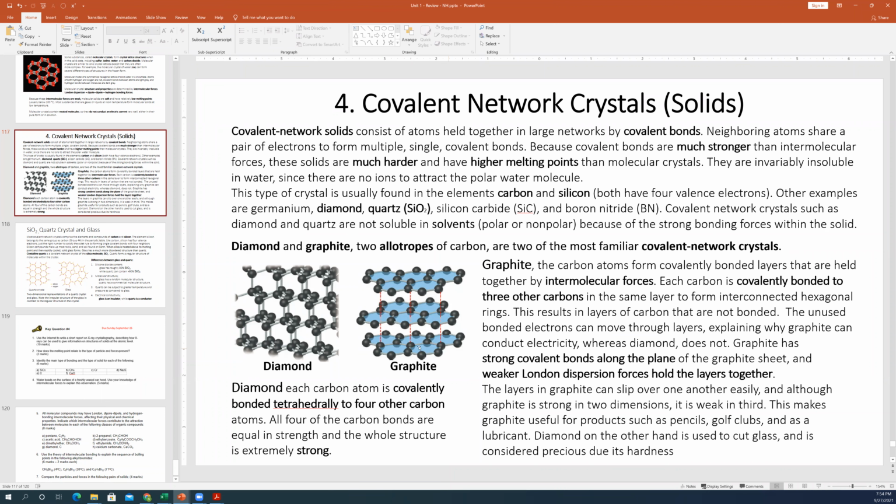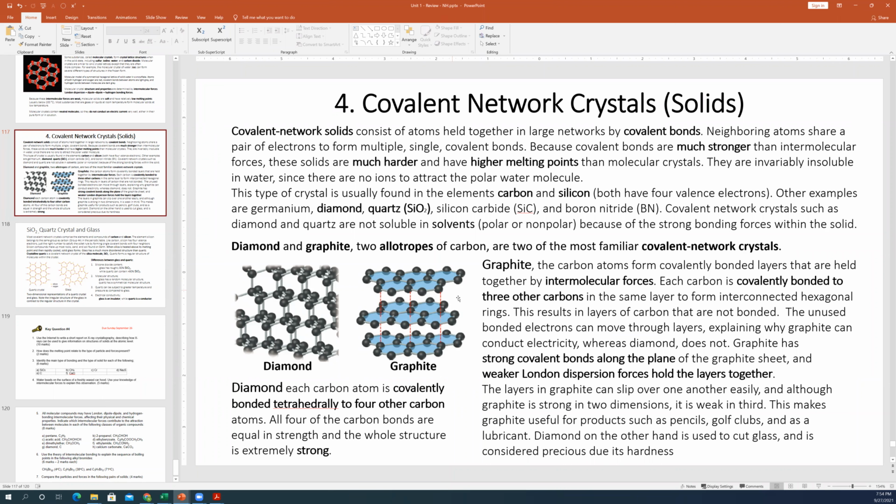So you have these sheets of carbon stacked on top of each other, and in between them you have weaker bonds, these weaker London dispersion forces holding the layers together.